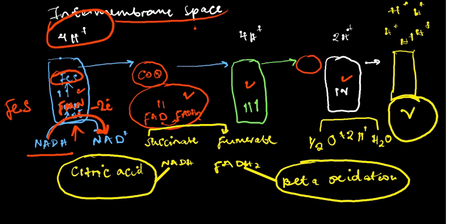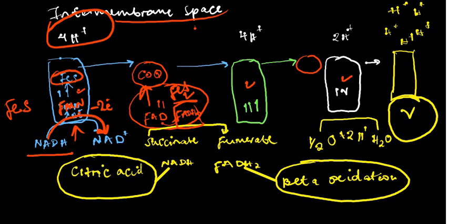Okay, and then what we notice is that the FADH, which is in complex 2, transfers electrons to coenzyme Q. It transfers electrons to coenzyme Q through this FeS. As it is doing this, there is an enzyme that we call succinate dehydrogenase.